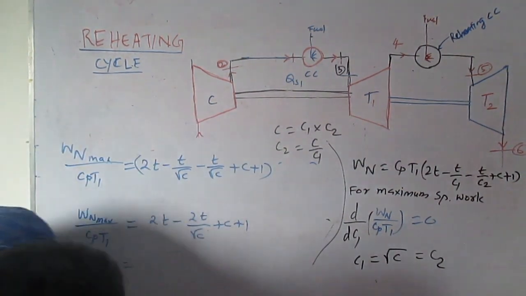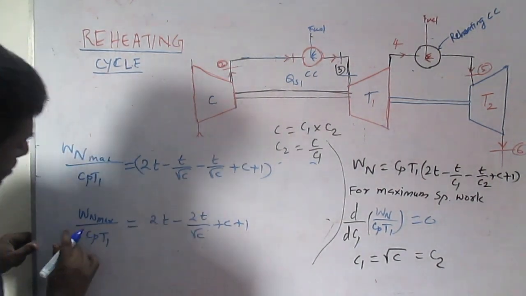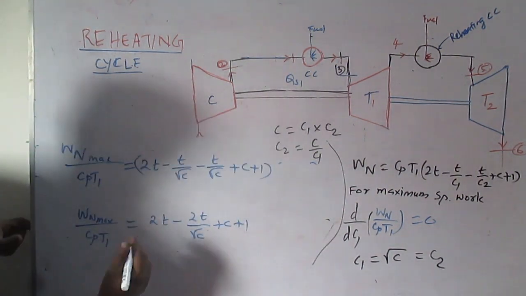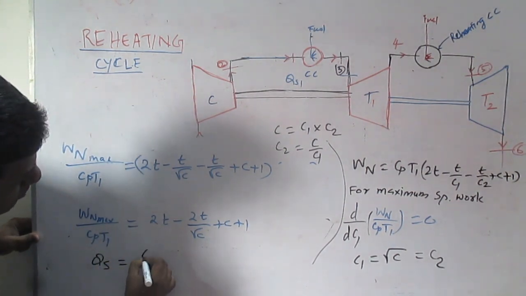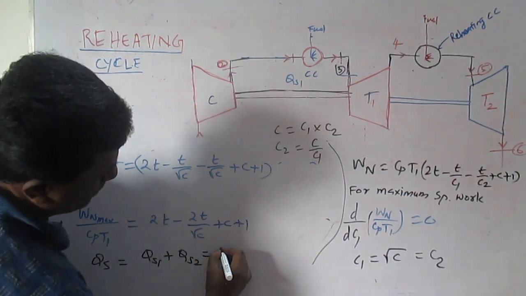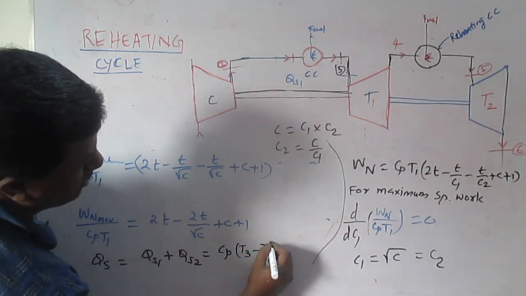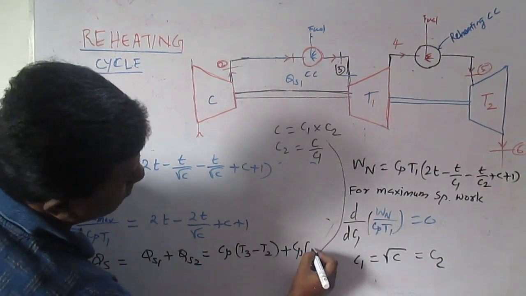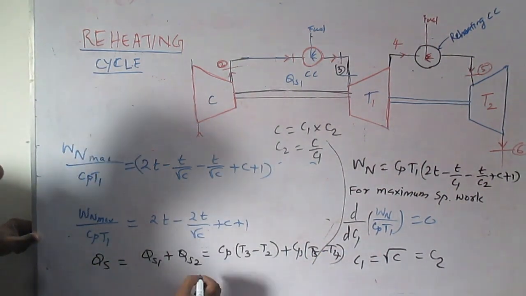Now we have to simplify this one, so let it be. We need to find out the efficiency now, that means the heat supply. Our heat supply is Qs equal to Qs1 plus Qs2. That is equal to Cp into T3 minus T2 plus Cp into T5 minus T4.